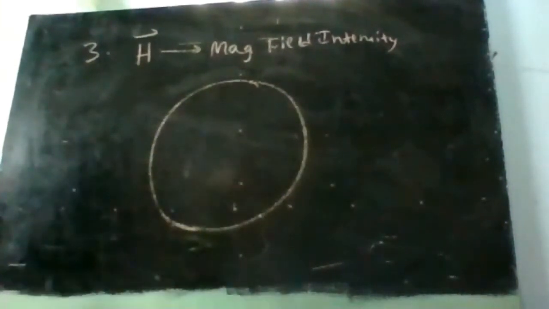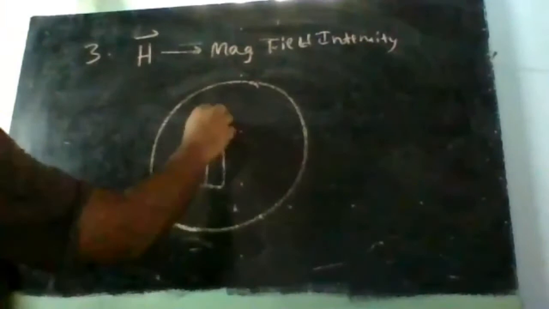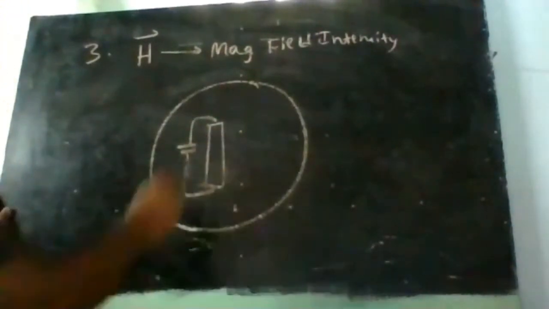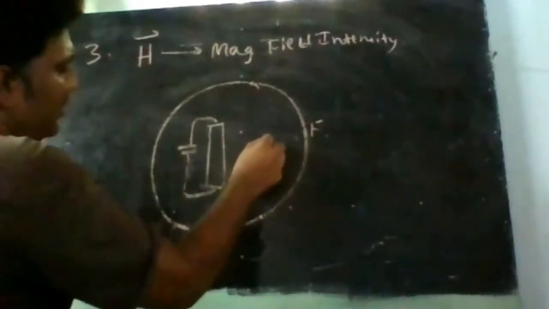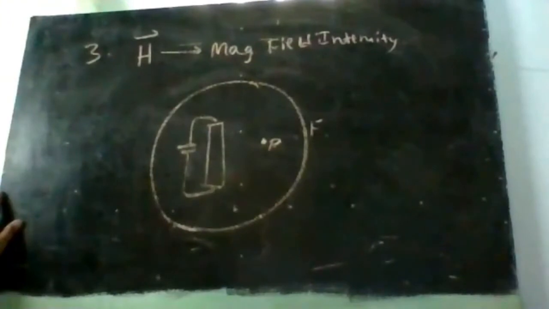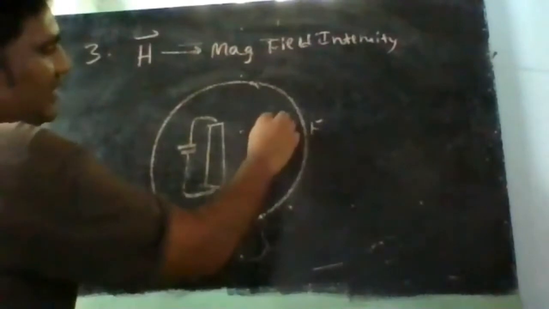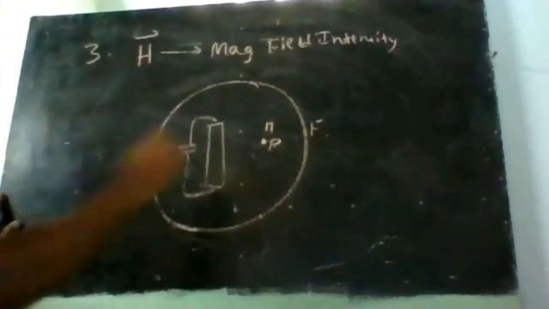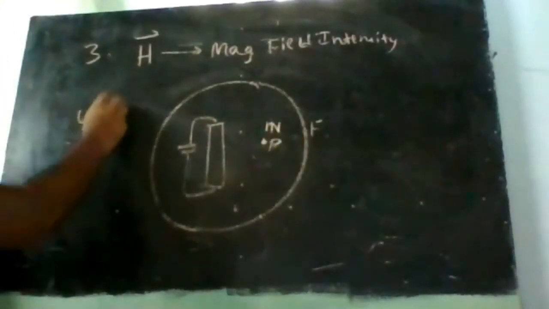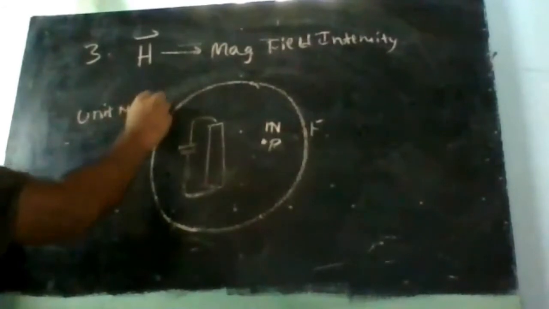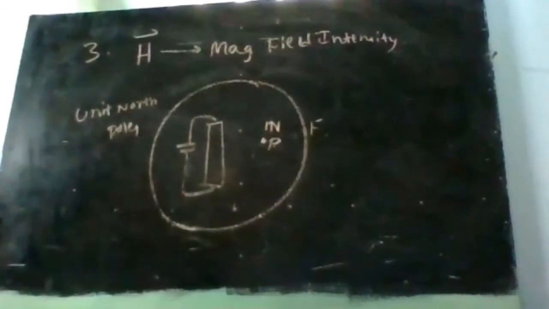The simple definition is, for example, if I take a current carrying conductor like this, and it is producing some field, the magnetic field intensity at any point P can be defined as the force experienced by a unit north pole, that is, a unit magnet.